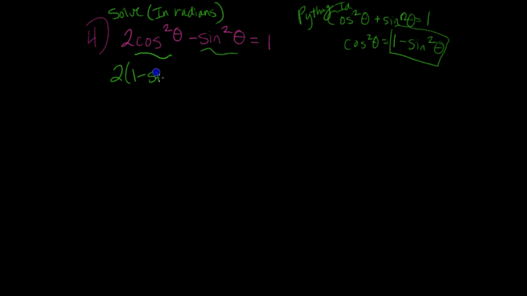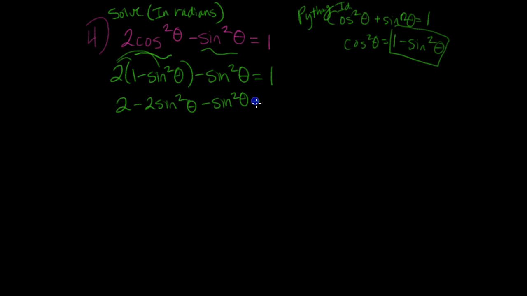So I have 1 minus sine squared theta minus sine squared theta equals 1. And the book has a couple of examples of this. Distribute the 2, so it's 2 minus 2 sine squared theta minus sine squared theta equals 1. And now if I combine like terms here, I've got minus 3 sine squared theta, and then 2, so it's 2 minus 3 sine squared theta equals 1.